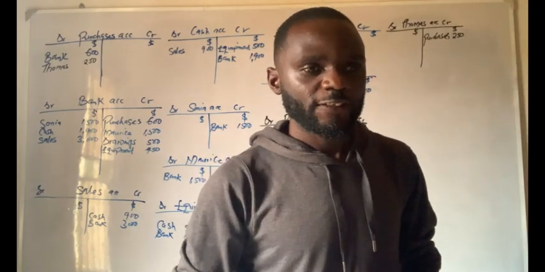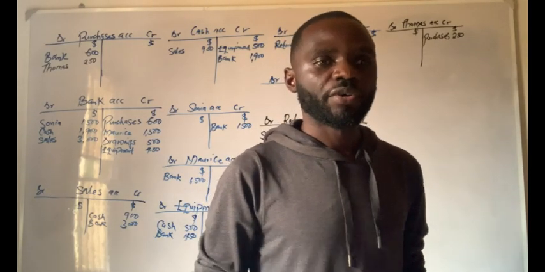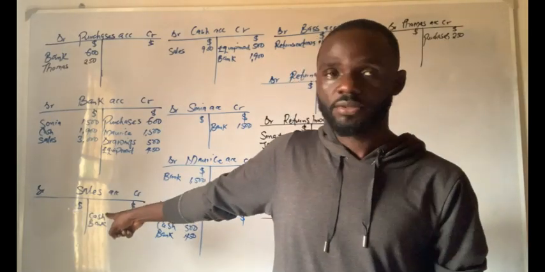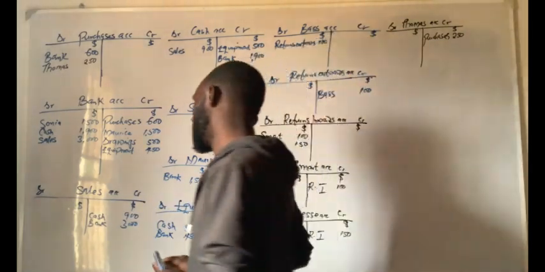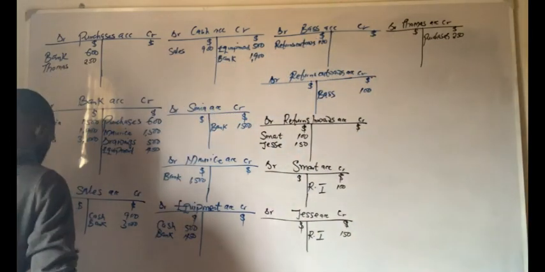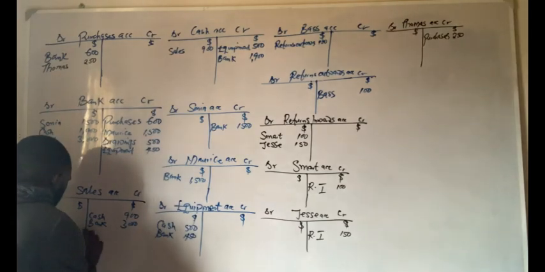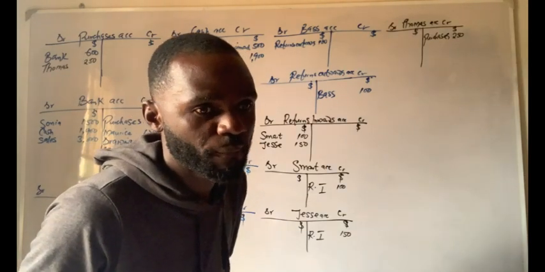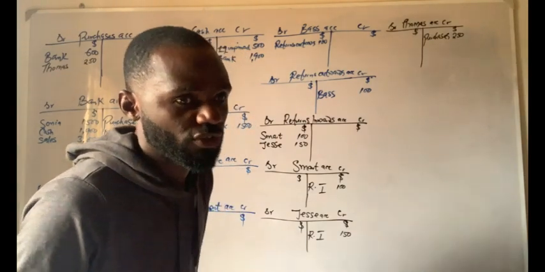So next is on the 20th, there is goods sold on credit to Rochelle. We have the sales account, which we'll just go ahead and post in that account. We have Rochelle. And then the value of the goods sold to Rochelle is $1,600.